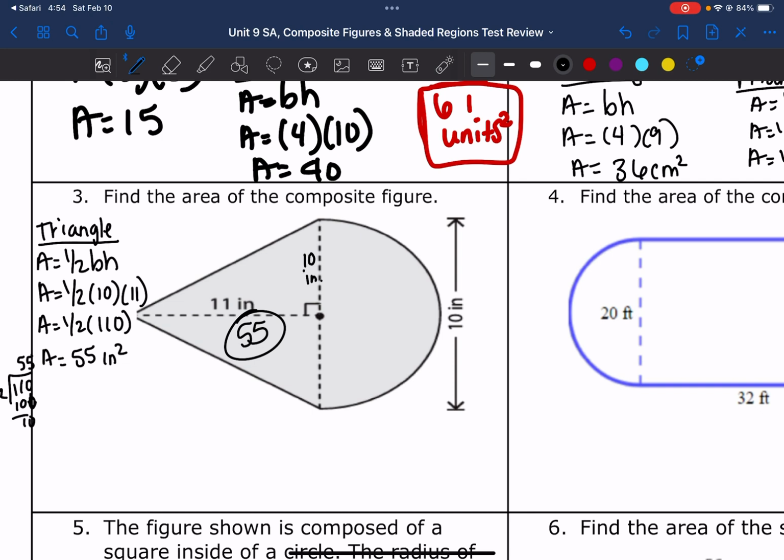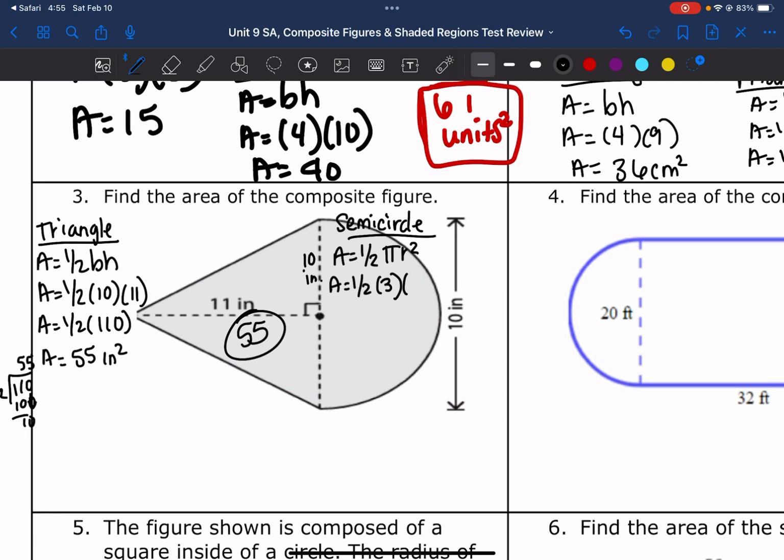Okay. Now we have to do the semicircle. So here I'm going to do the semicircle right here. Now remember the semicircle, you're still using pi r squared, but because it's only half a circle, you're going to have 1/2 in front of it, which means that you are finding the area of a full circle and then dividing by 2 at the end. So here 1/2 pi is 3.